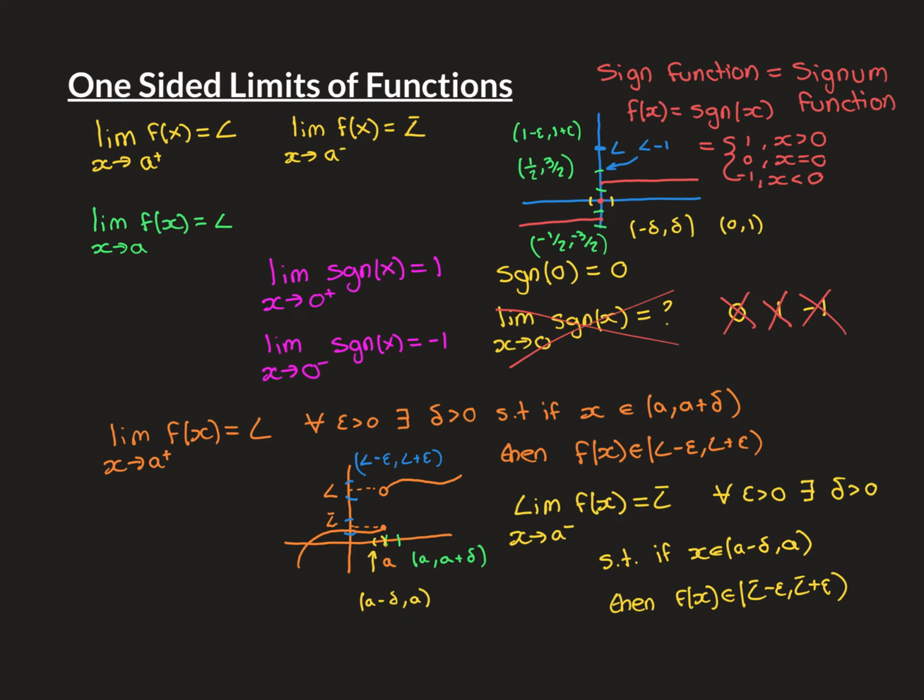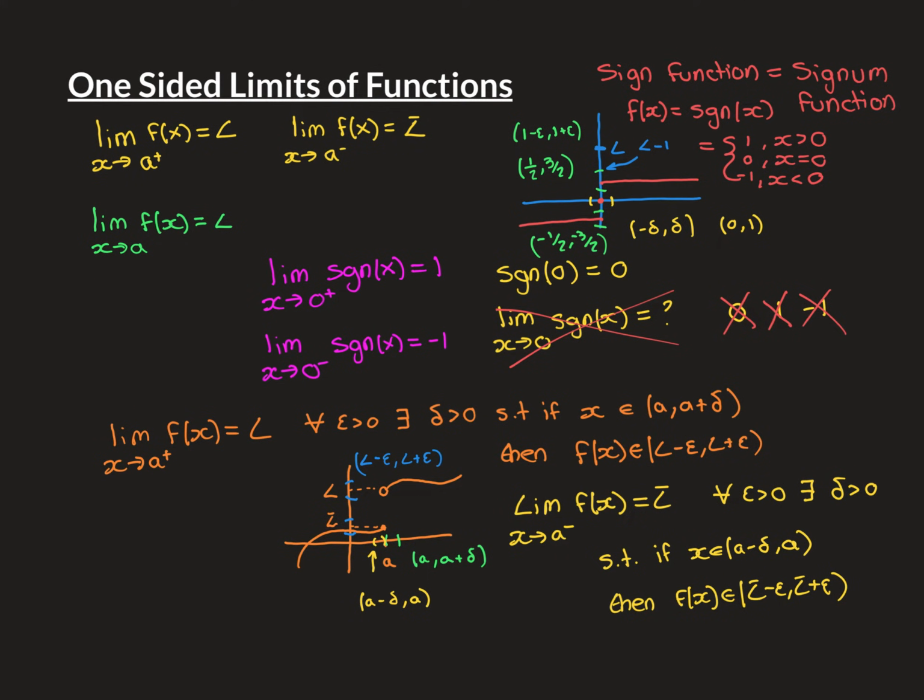So again, what this is saying on the picture is however close you want to be to your proposed limit L bar, then you can consider that closeness interval around L bar, so this epsilon interval around L bar, so from L bar minus epsilon to L bar plus epsilon, and it must be possible to find an interval to the left of a, so this interval a minus delta to a, but not including a, such that all of those points are mapped into that closeness around L bar.